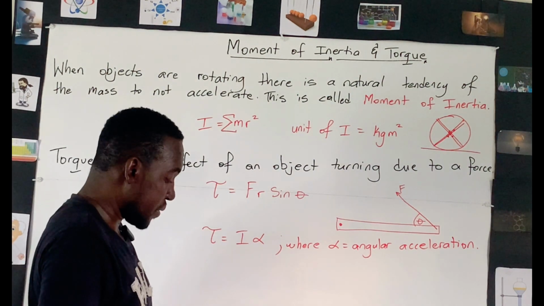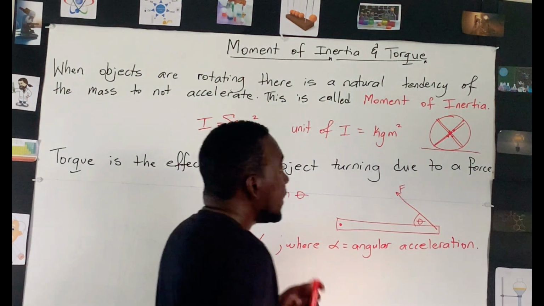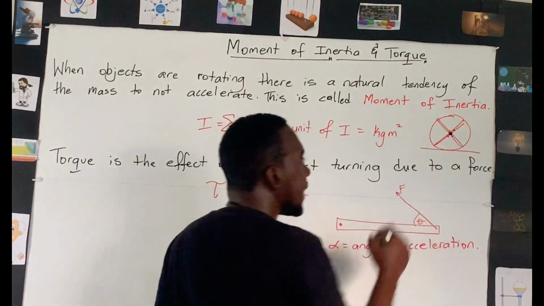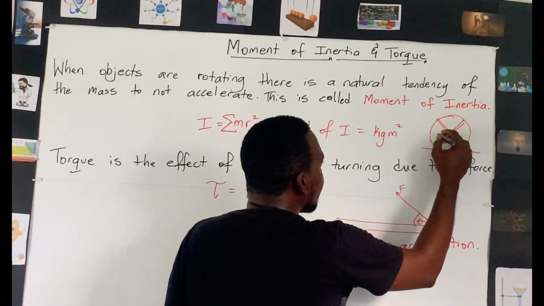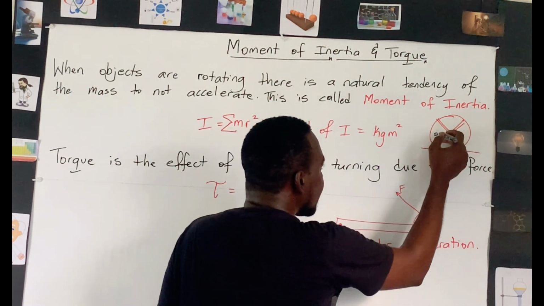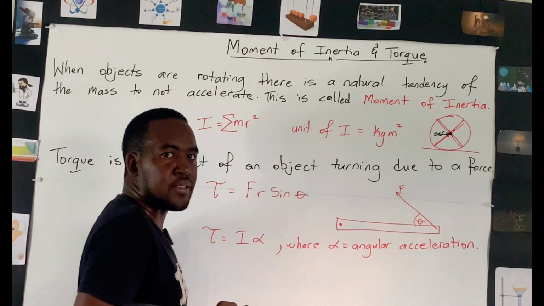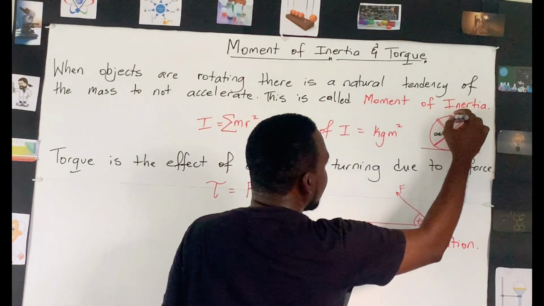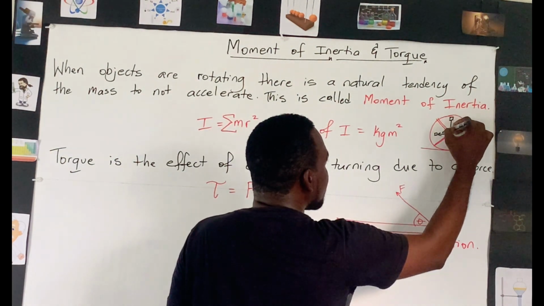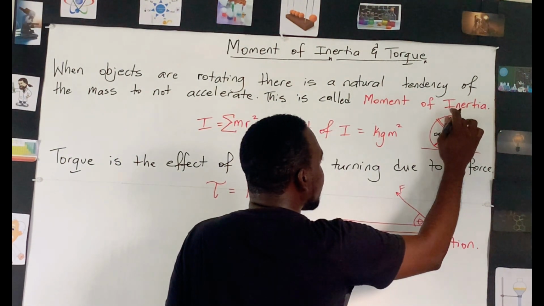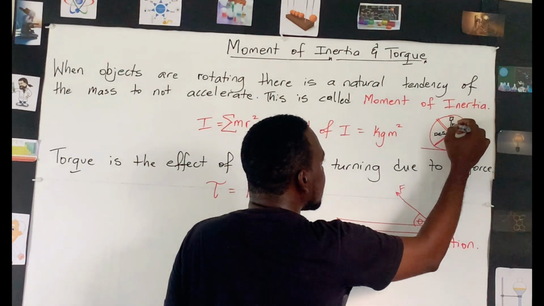And r squared has to do with, if we take this point as our rotational axis, then if we look at this mass right here, it is that r away from the axis of rotation. If we take another mass here, it is also an r, but a different r, so we can call this r1 and this r2.